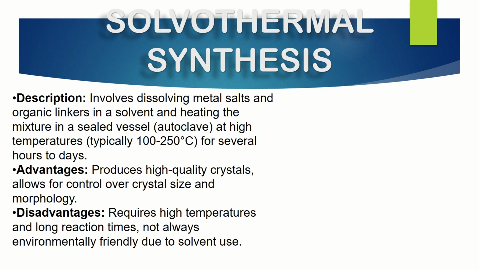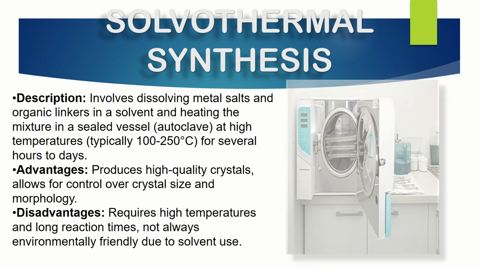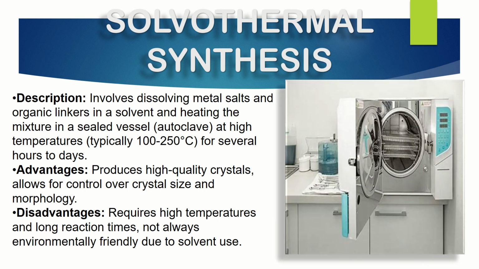Solvothermal synthesis. It involves dissolving metal salts and organic linkers in a solvent and heating the mixture in a sealed vessel called an autoclave at high temperatures, typically from 100 to 250 degrees Celsius, for several hours to days.